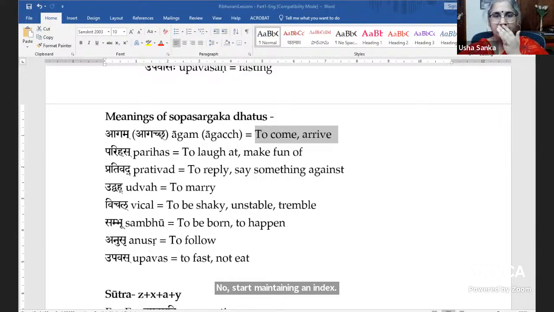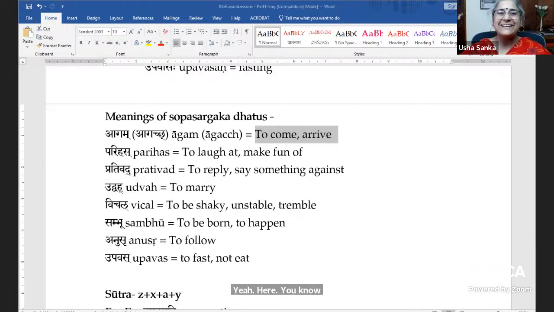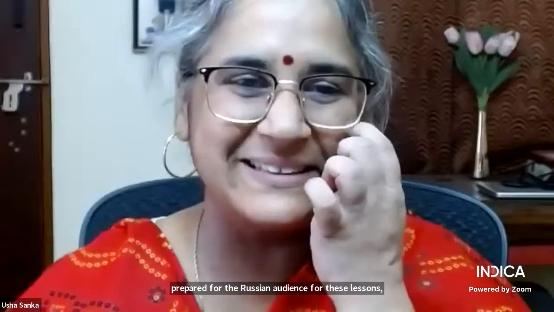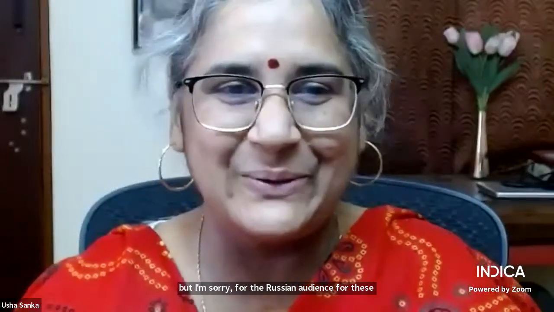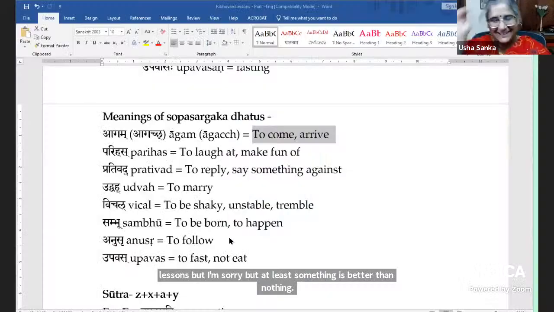Yeah, here. But again it is in Devanagari. I wasn't prepared for the Russian audience for these lessons, but I'm sorry, at least something is better than nothing. One day you will be able to find the meaning of these letters. Hope. Okay.